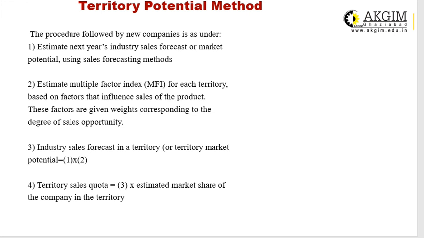After that, the multiple factor index for each territory is estimated, based on factors that influence the sales of the product. These factors are given weights corresponding to the degree of sales opportunity. The industry sales forecast in a territory is the market potential multiplied by the second one. Territory sales quota is equal to 3 multiplied by the estimated market share of the company in the territory.